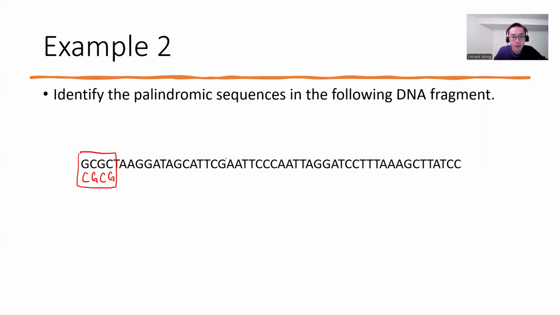Here is another one. For you, it might be easier to write the whole thing out and then look for it. But there you go, GAATTC. If you read it backwards, it's the same thing. And then there is another one here.